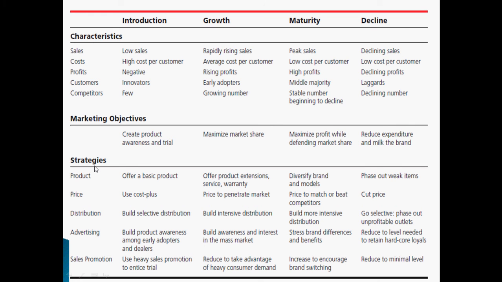Strategies: product, price, distribution, advertising, sales promotion. These are all what takes place in the different stages as it relates to these listed on this side. Alright? So you can read through, make notes. This is a summary of what was discussed before. Alright?